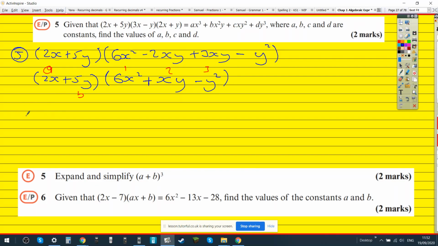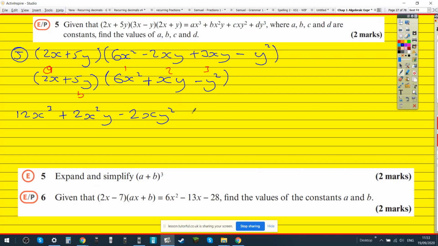So you do 2x times 6x squared, which would be 12x cubed. And then 2x times xy, which would be 2x squared y. And then 2x times minus y squared, which would be minus 2xy squared.